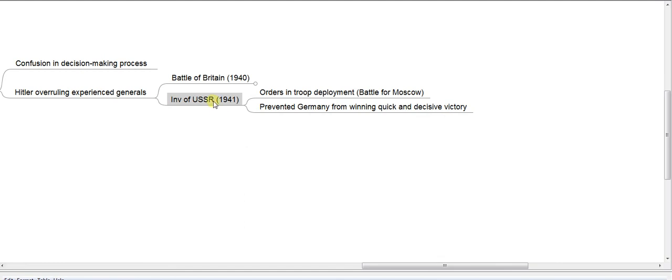And as we know, if you don't defeat Britain, you'll continue needing resources to fight against Britain on the Western Front, and now the Soviet Union on the Eastern Front. So eventually, the Germans didn't have the resources to cope with fighting on two fronts, which we will talk about later on. These were grave mistakes because they prolonged the war, and remember, the Germans could not afford to fight a prolonged war.